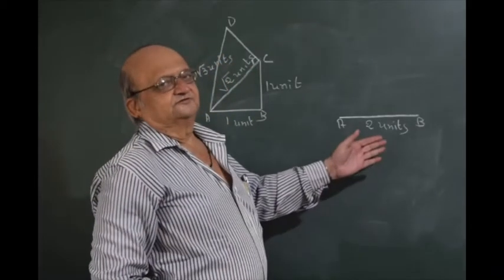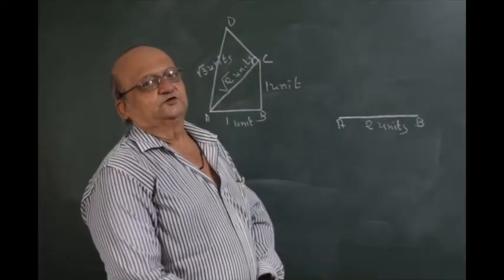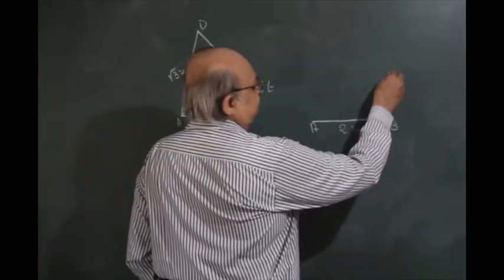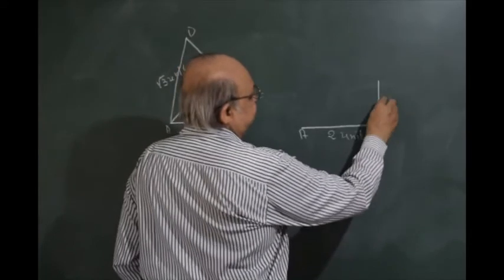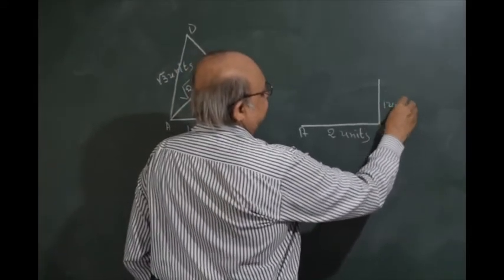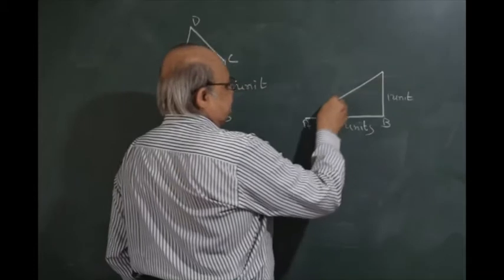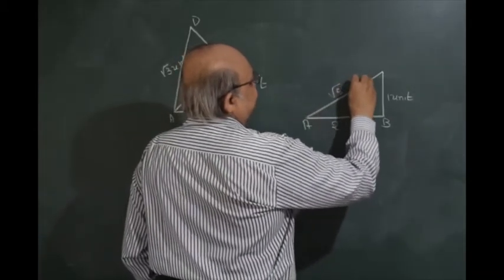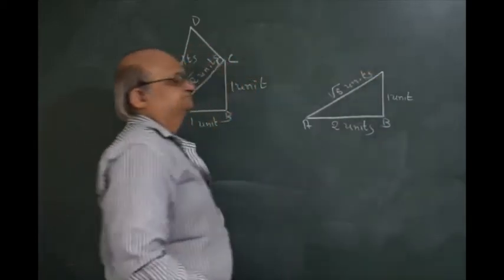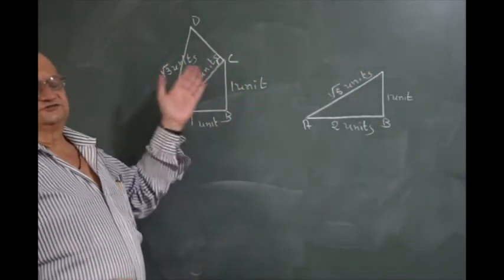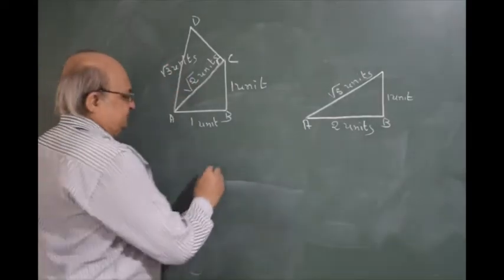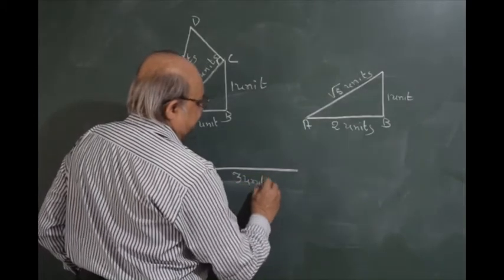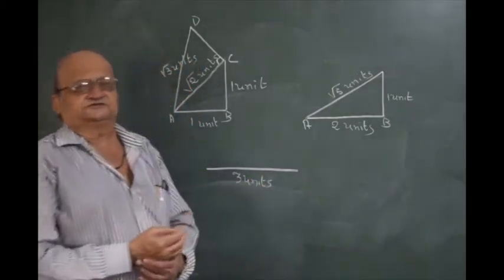This is obviously root 4 units. Then when we draw 1 unit here, and then when we connect this, we get this as root 5 units. Root 6, root 7, root 8, and then 3 units will be root 9 units.